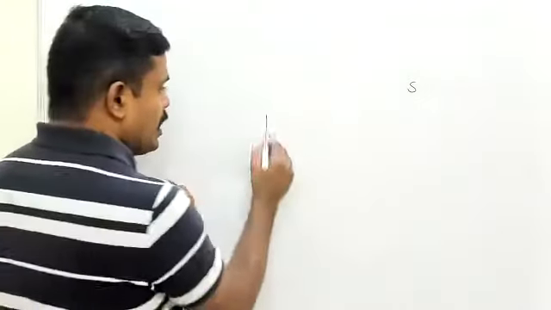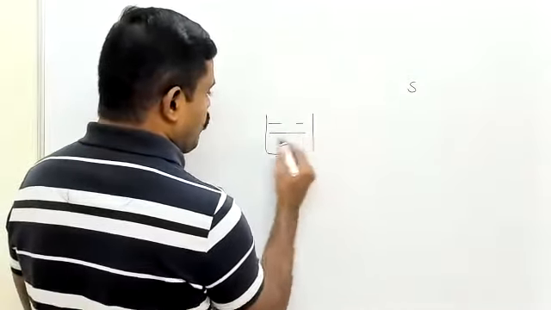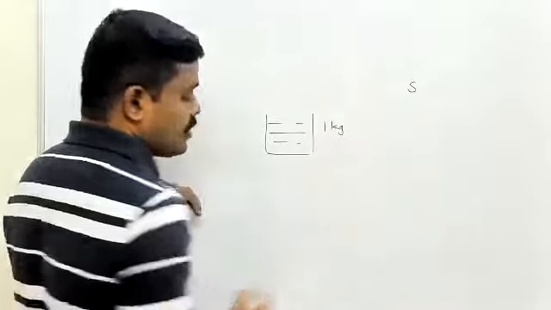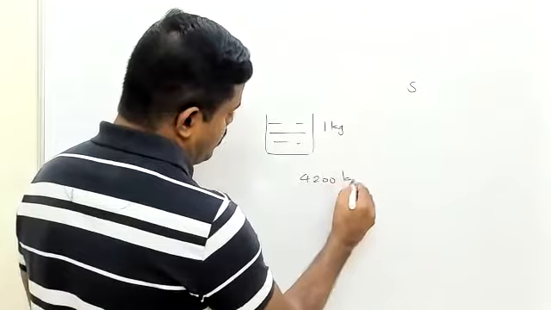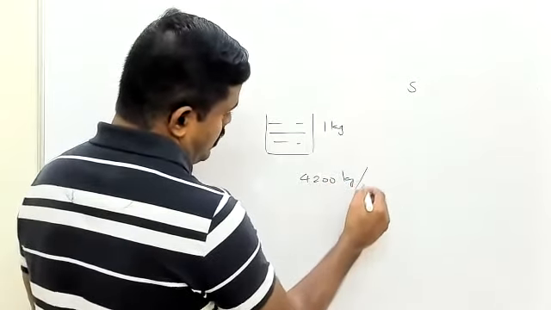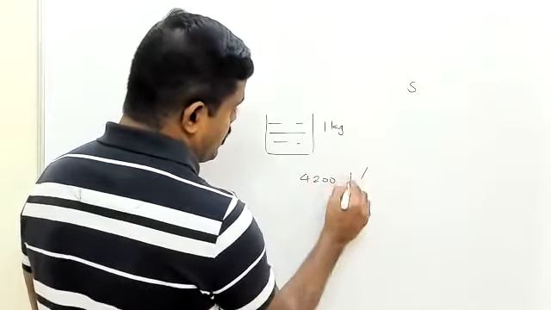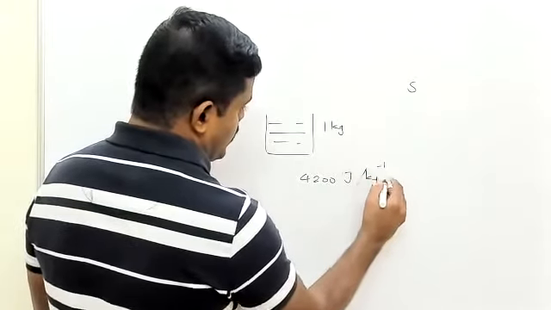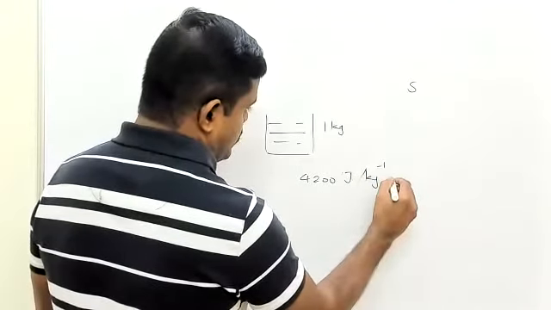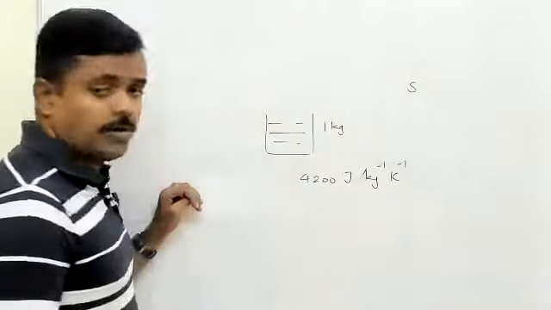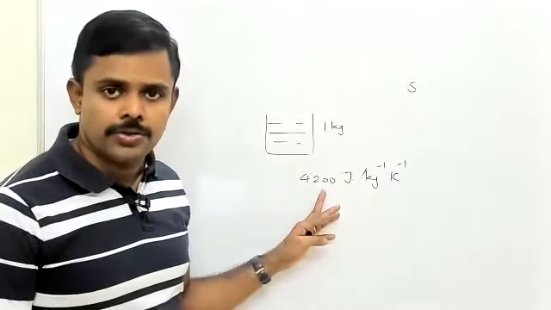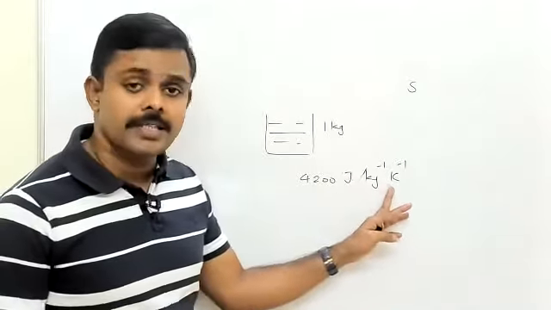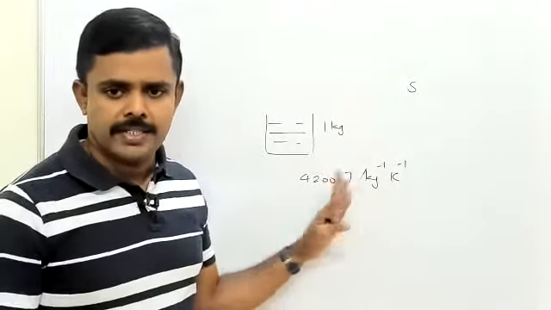For example, 1 kilogram of water has a specific heat capacity of 4,200 joules per kilogram per degree Celsius, or per Kelvin. So you have to supply how much heat?